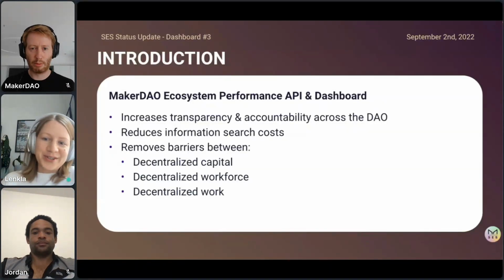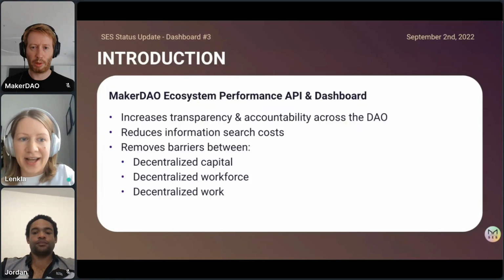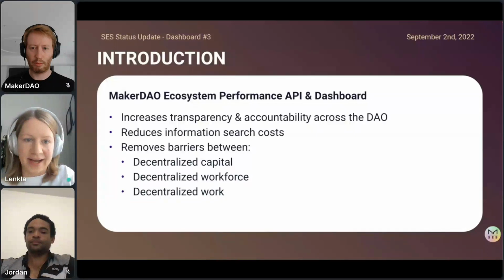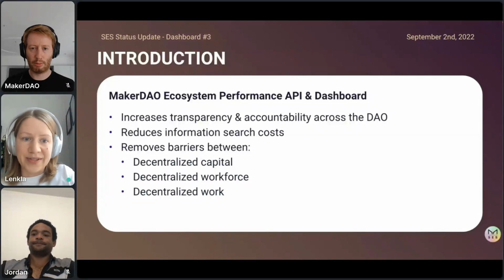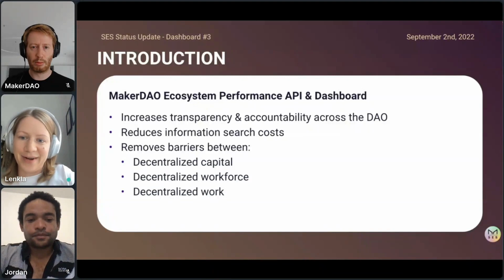So to introduce this initiative, which we named MakerDAO Ecosystem Performance API and Dashboard, we're basically talking about an initiative that aims to increase transparency and accountability across the DAO. A couple of the values that we strongly hold at SES, and I believe everyone else shares with us at the DAO.